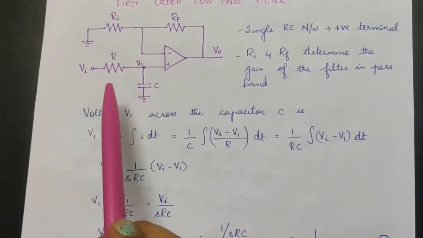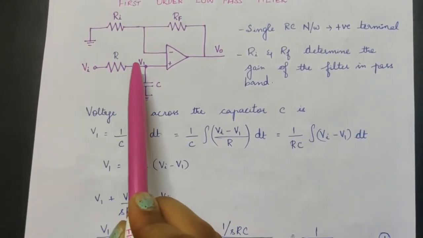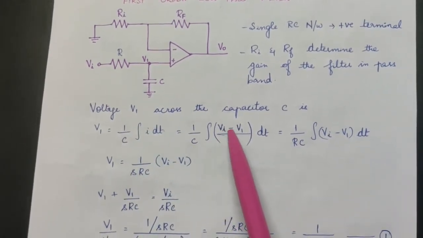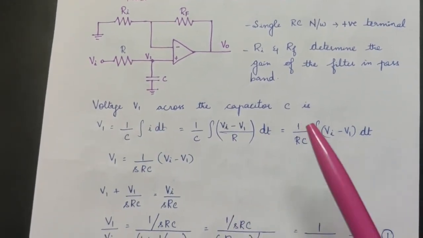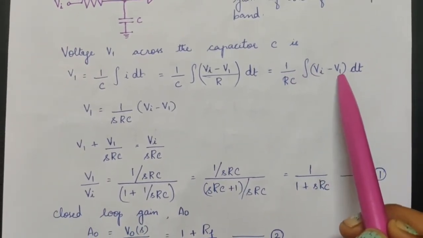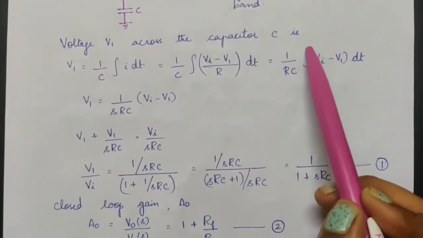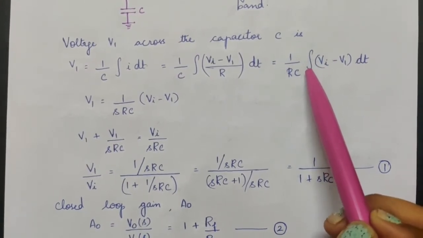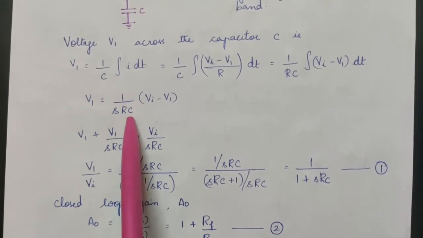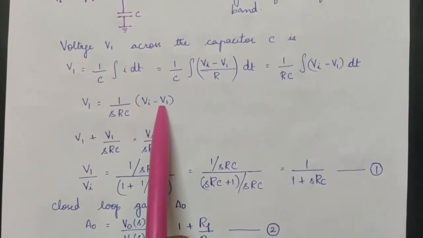This I is written as (Vi minus V1) by R. So 1 by C integral (Vi minus V1) by R into dt, which is written as 1 by RC integral (Vi minus V1) dt. Removing the integral, we can replace it with 1 by S. So V1 equals 1 by SRC times (Vi minus V1).